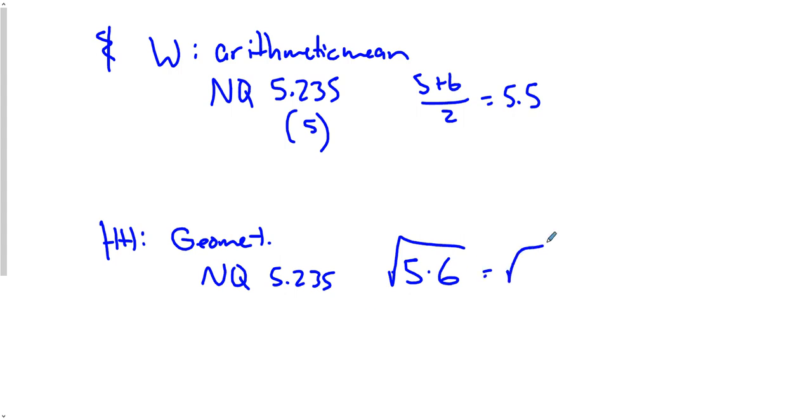This is the square root of 30, which is a little bit less than 5.5. Let me grab my phone calculator. Root 30 is 5.477.